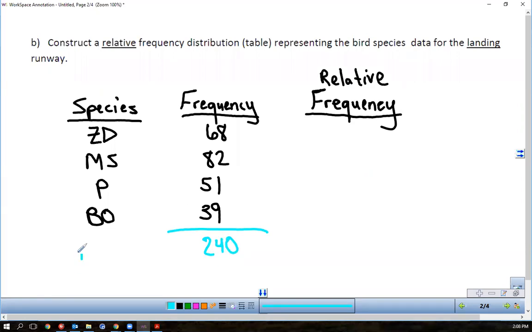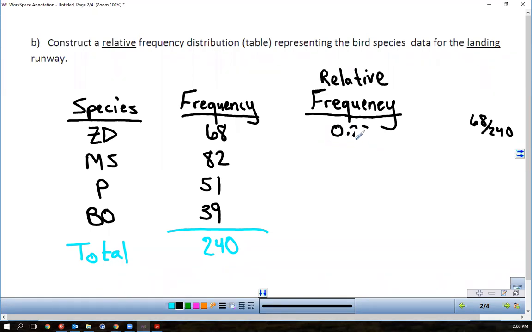I'm going to put like a totals row down here. Okay, so for relative frequency for zebra doves, how would I calculate that? 68 divided by 240. So to 3 decimal places, what would that give me?